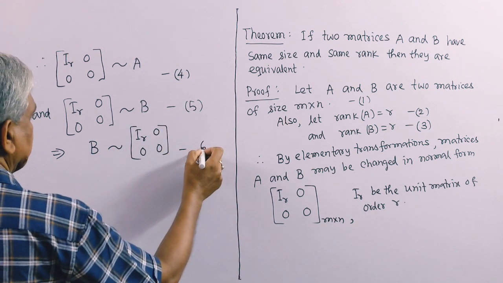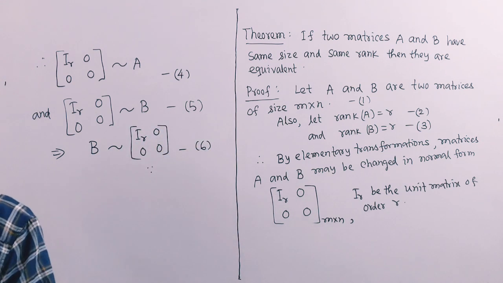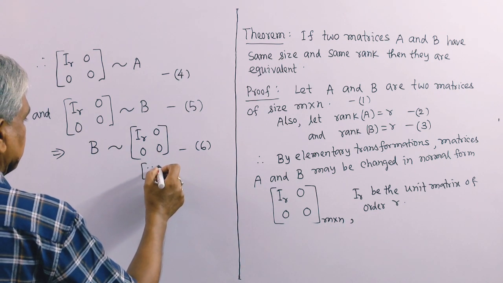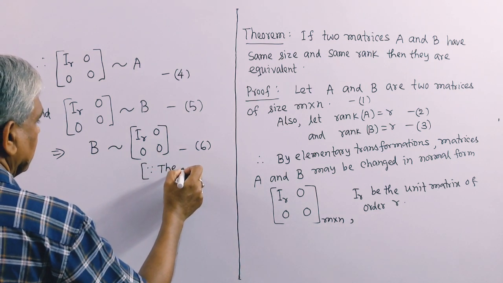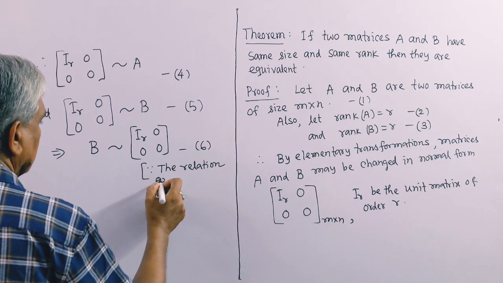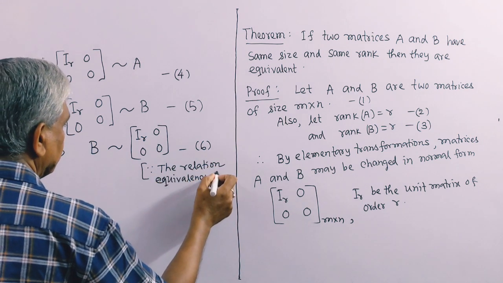This is number 6, because the relation of equivalency is symmetric.